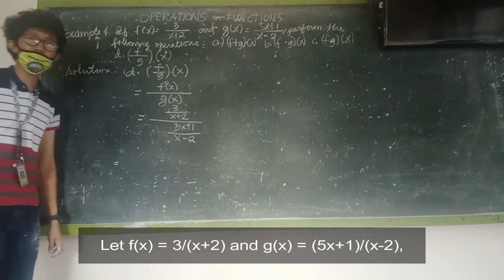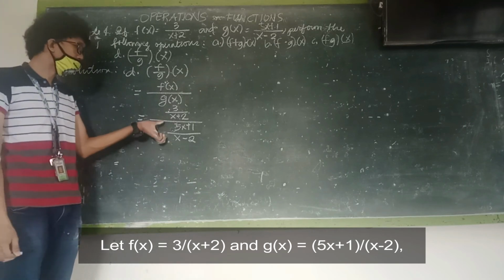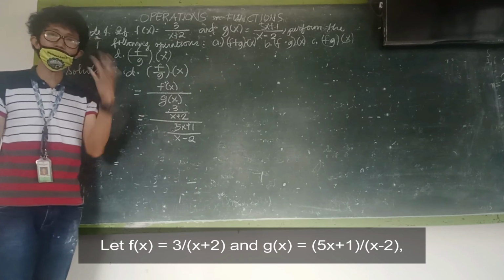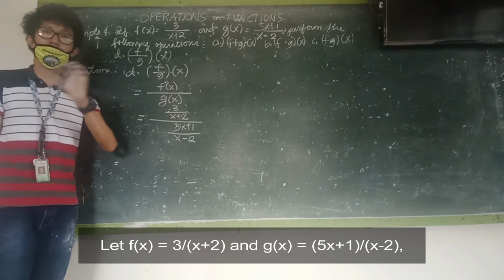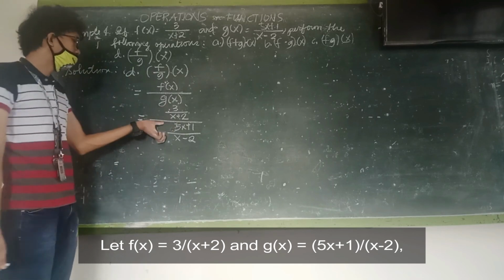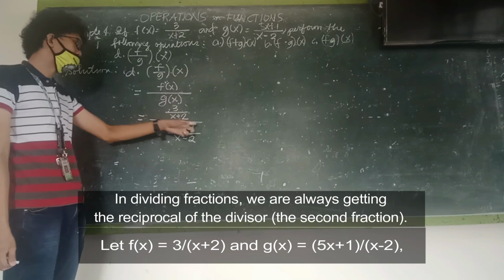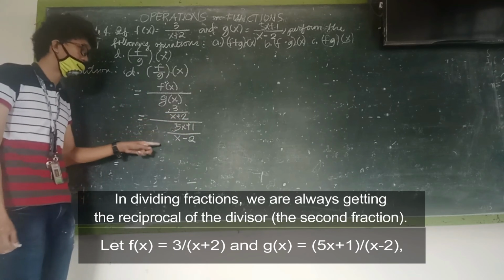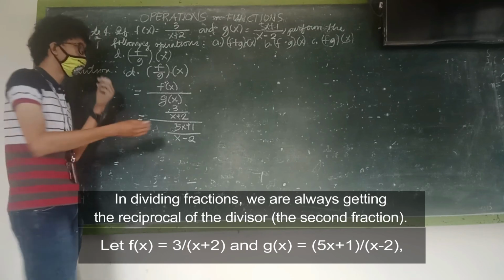So, what we are going to do is to get the reciprocal of the divisor. Tatandaan natin, when we are dividing fractions, we are getting the reciprocal first of the divisor, then multiply. In this case, the reciprocal of 5x plus 1 all over x minus 2 is x minus 2 all over 5x plus 1. Paano kukunin ang reciprocal?